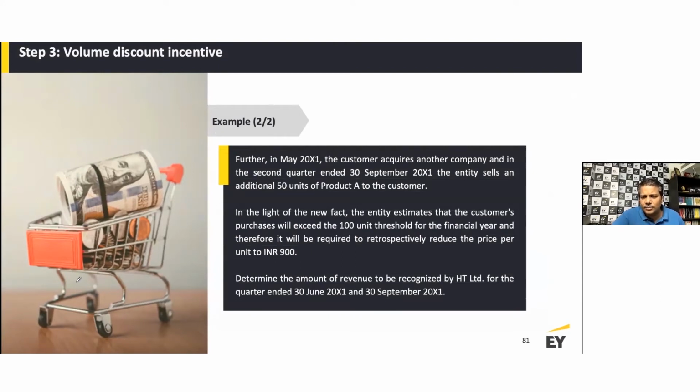Let's add some more fact pattern. Now, in May of 2001, the customer acquires another company, and in the second quarter ended 30th September, the entity sells an additional 50 units of product A to the customer.